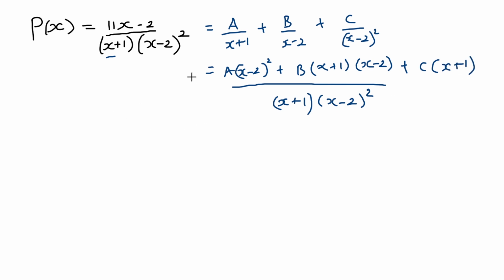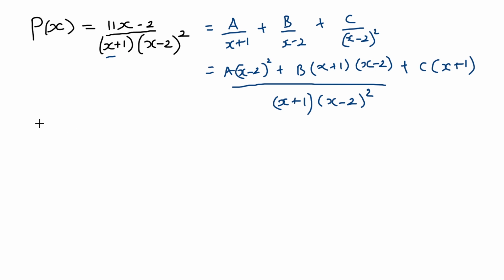Now if we look at the left-hand side and the right-hand side, you see that the denominators are the same. We have x plus 1 into x minus 2 squared here, and the same on this side. So it means that the numerators are also identical. If the denominator is the same, then we suppose the numerators are identical.